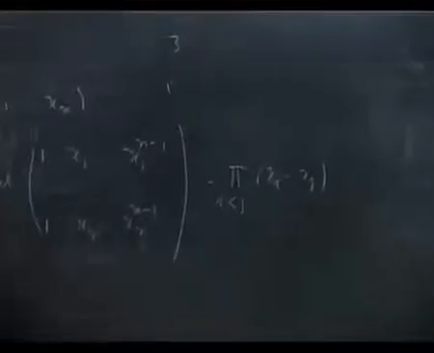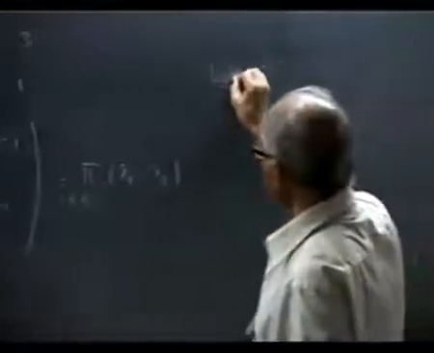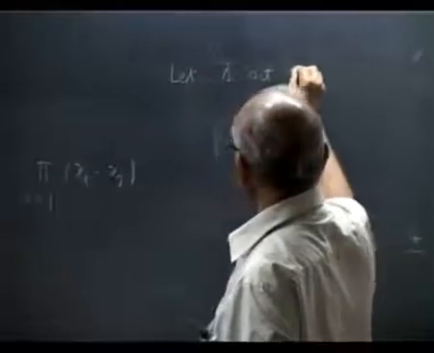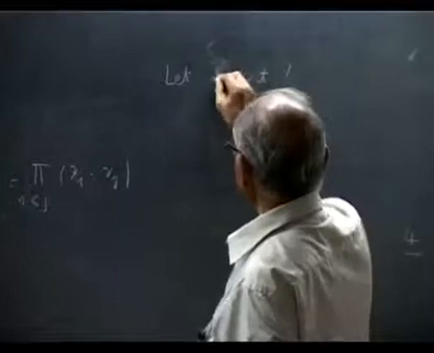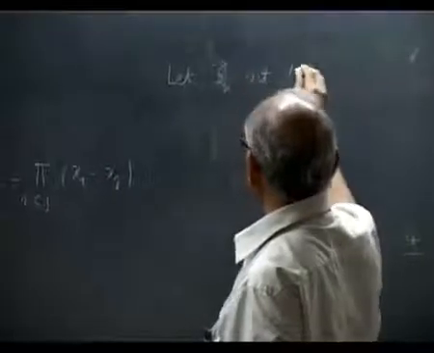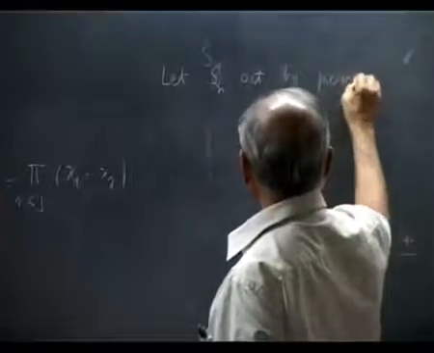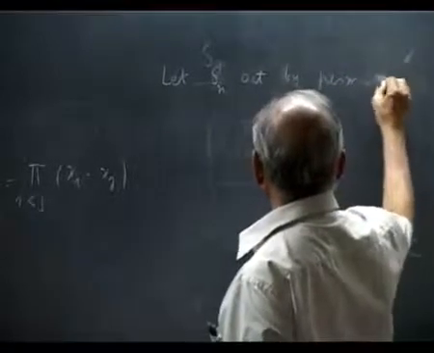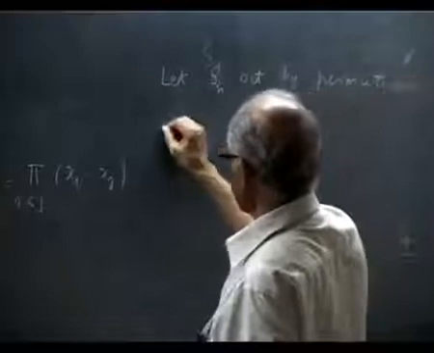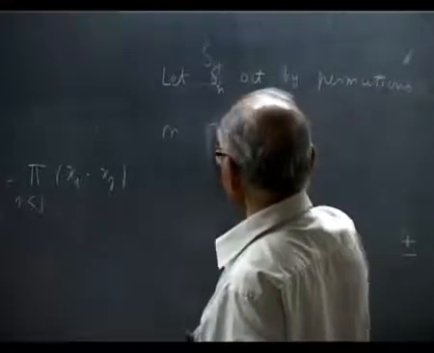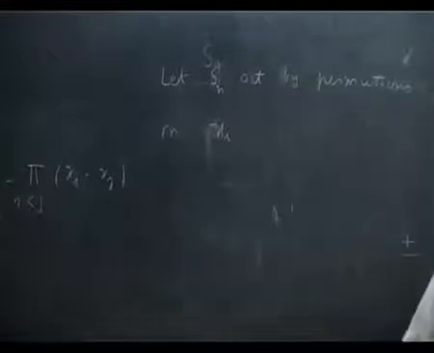Let S act by permutations, Sn, on delta of x, on the xi.